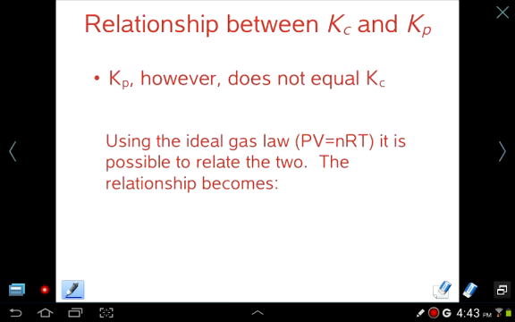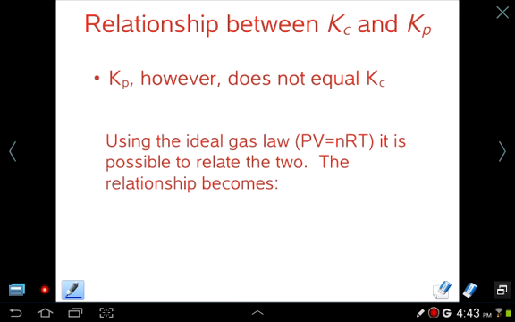Now Kc and Kp for a particular reaction are related because if we're working with a gaseous reaction, we could express that in terms of concentration. We could get the molarity of a gas. That's not impossible. And there is a way to convert the two.